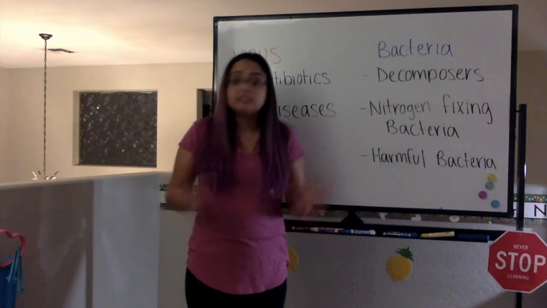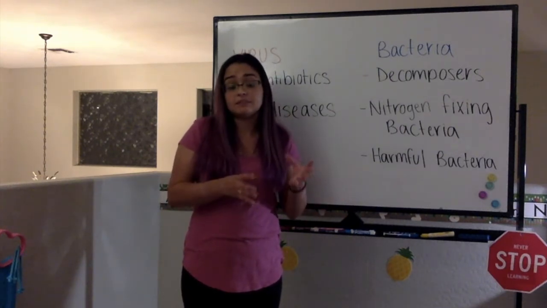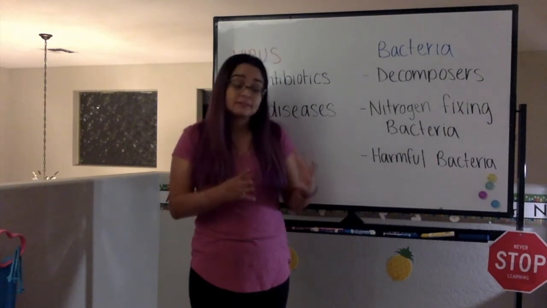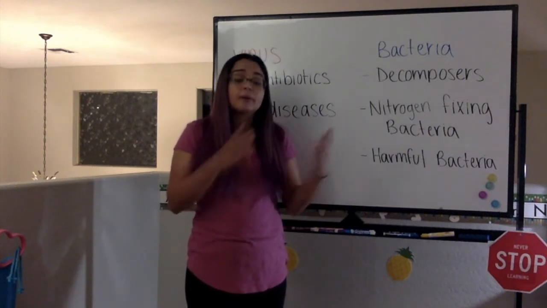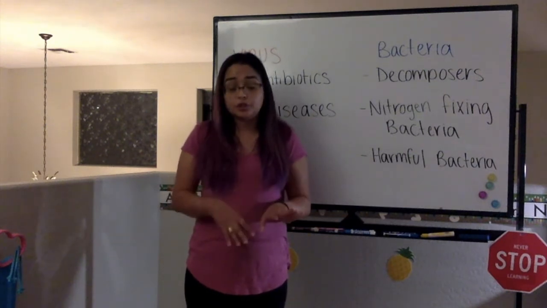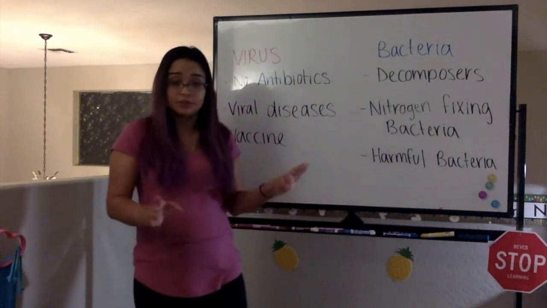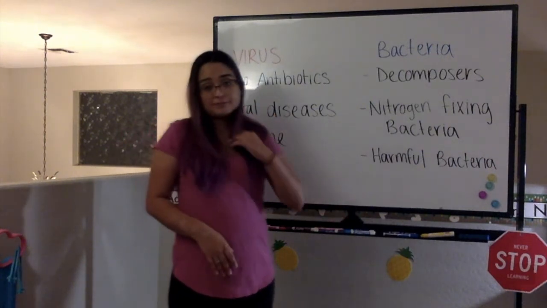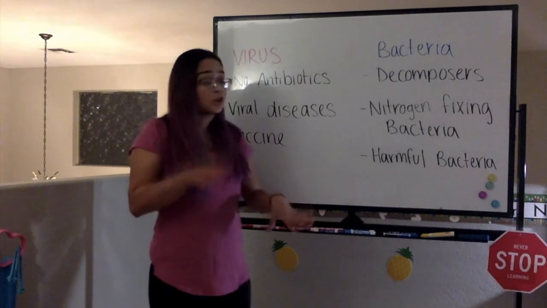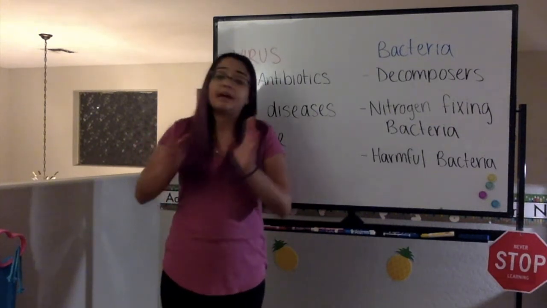But nonetheless, these diseases and these infections have specific antibiotics that help kill the bacteria to be able to cure yourself if you get a bacterial infection or disease. Okay? So, those are the importance of bacteria and viruses.